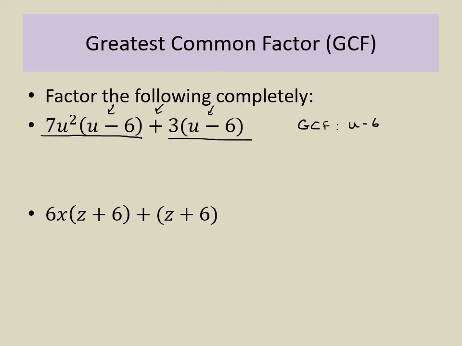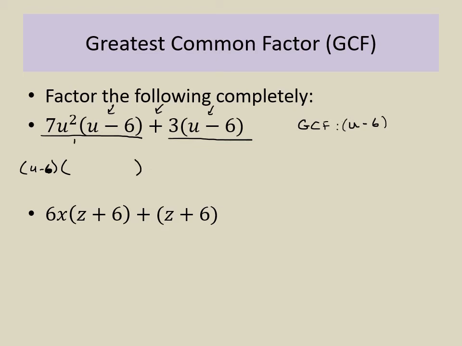So the whole thing is the common factor here. So if I factor this out, u minus 6, it has to be in parentheses because it's a whole factor together. And then I can open my other parentheses and see what we have left.